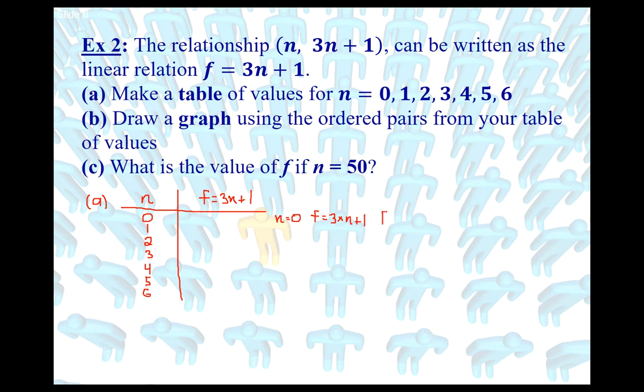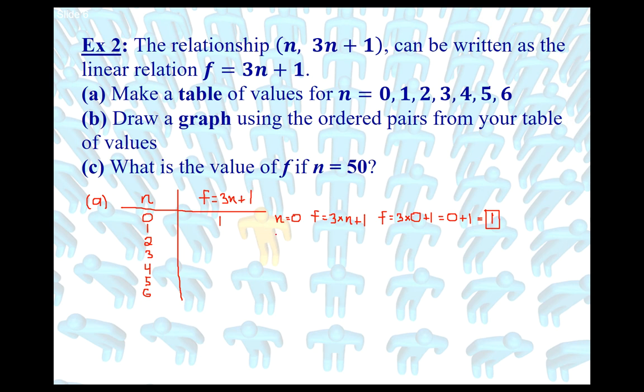Let's plug in n equals 0, so that would be 3 times 0 plus 1. 3 times 0 is 0, and then plus 1 gives me f is equal to 1 when n equals 0. That's the first part.